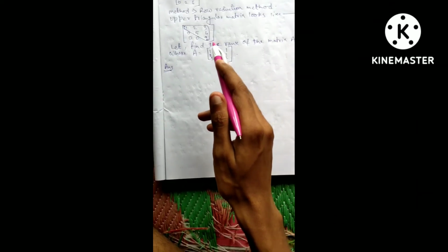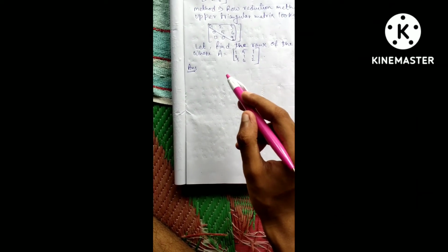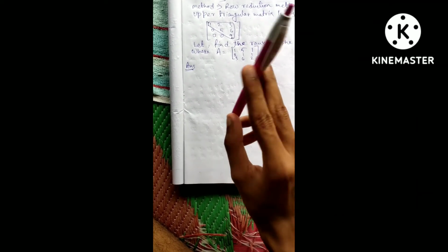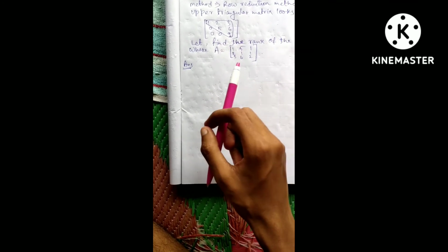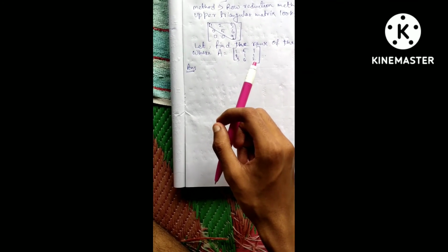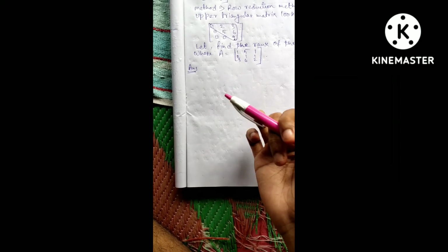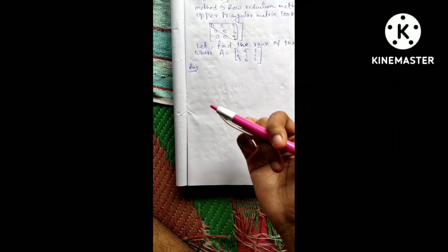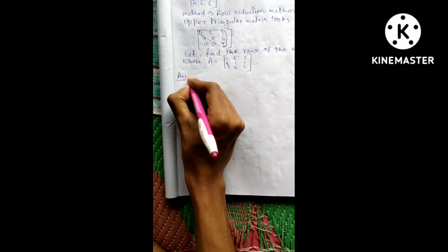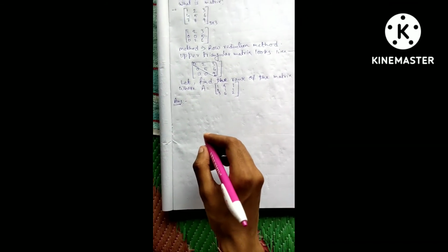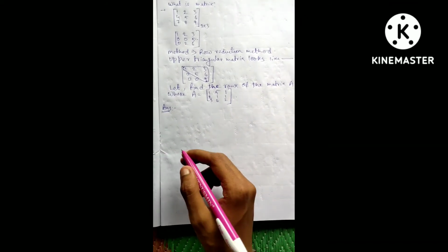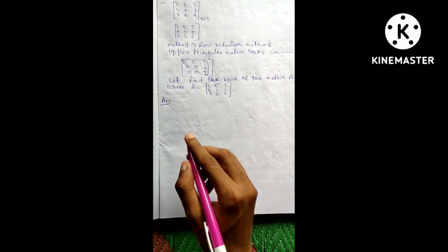First, what was the first process? First of all we use row operation. Second, what was the process? Now by row operation we make the matrix an upper triangular matrix. Are you all able to understand the row operation?